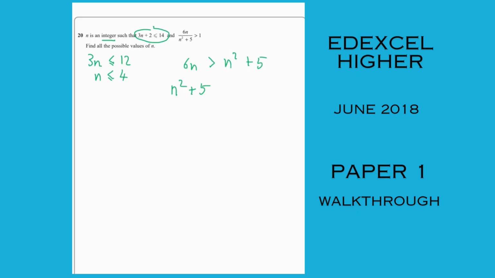Basically, I'm going to mirror image the whole lot. N squared plus 5 is less than 6n. So I can now subtract 6n from both sides. Plus 5. And we can investigate by factorising.